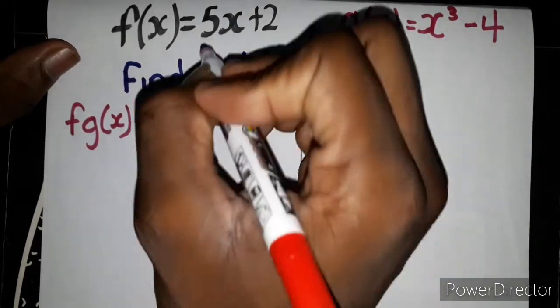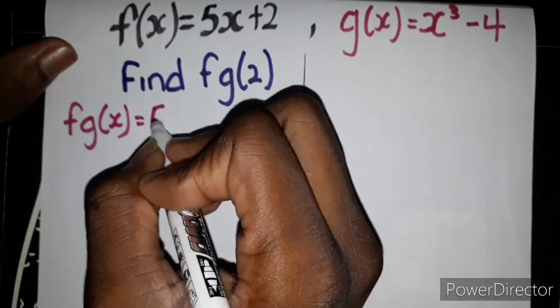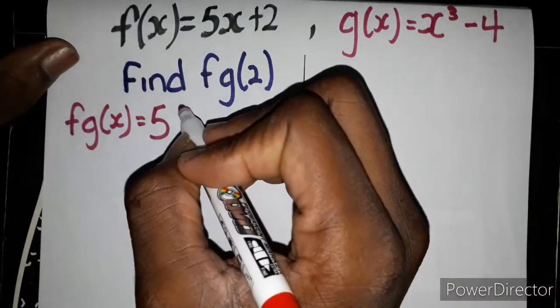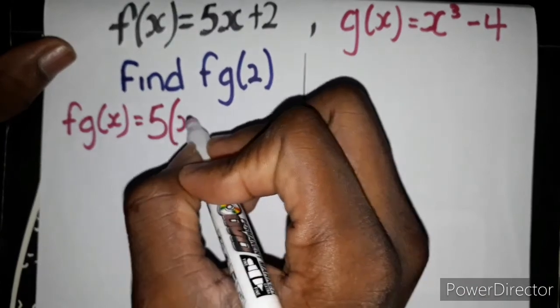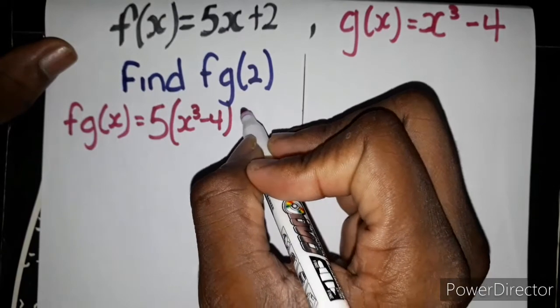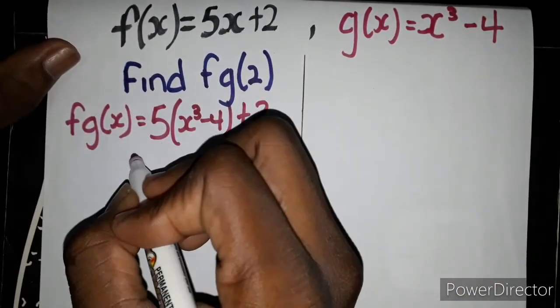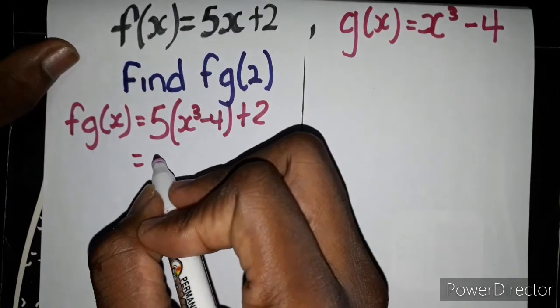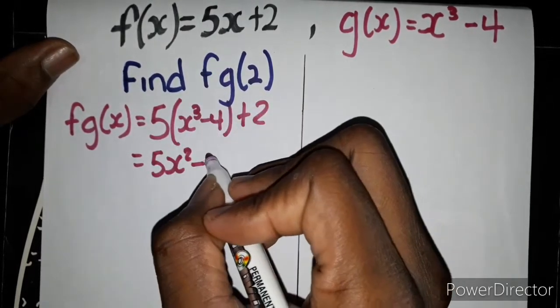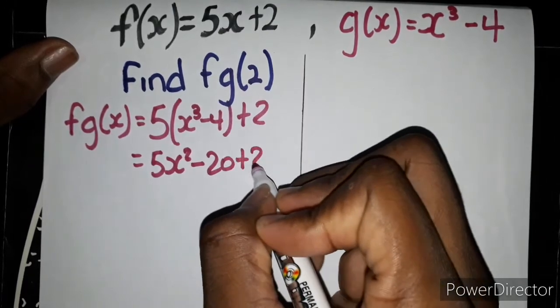So we put back the 5 and instead of x we're writing back this entire function here. 5 bracket x cubed minus 4 close bracket plus 2, and then we distribute the 5. 5 times x cubed will give you 5x cubed minus 5 times 4 is 20 plus 2.